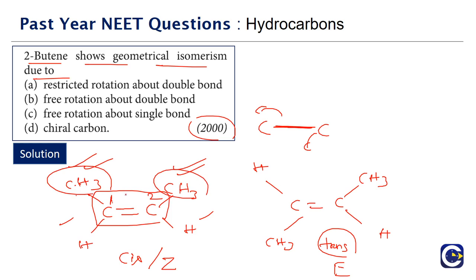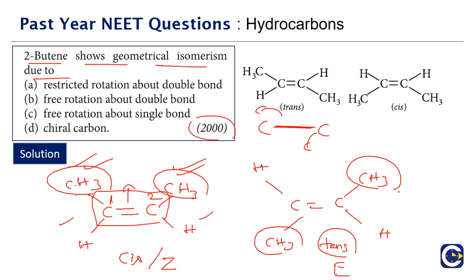In one arrangement, we can have both the bulkier groups on the same side of the double bond, as in this case. This arrangement we call cis. In another possibility, we can have the bulkier groups on opposite sides of the double bond. That arrangement is called trans. So the possibility of geometrical isomers for butene is because of restricted rotation about the double bond. The restricted rotation is what gives us the cis and trans forms in the case of 2-butene.